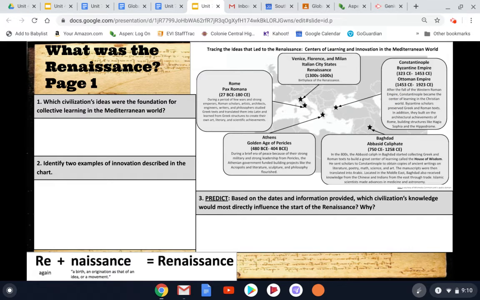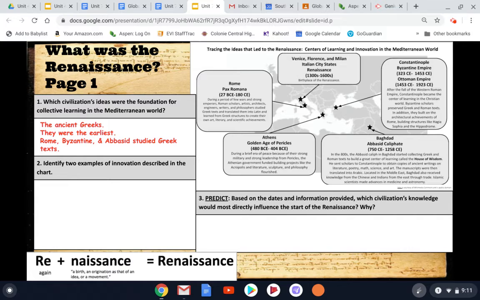So it's like a building block. You first start off with the ancient Greeks, because they were the earliest, and then Rome, the Byzantine Empire, and later even the Abbasid Islamic civilization all studied Greek texts and built upon those cultural elements.